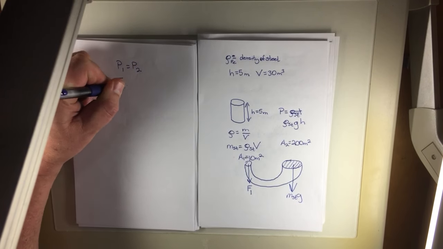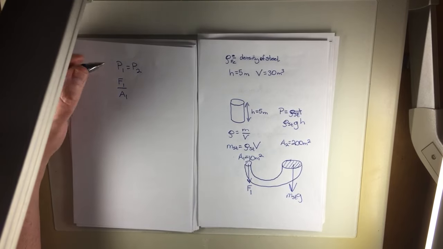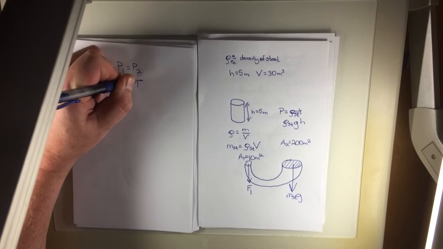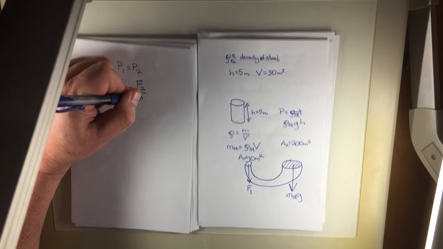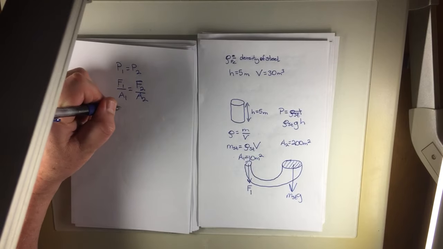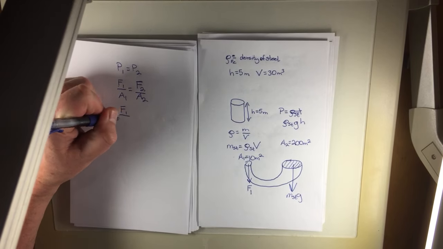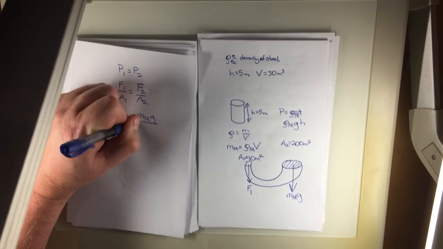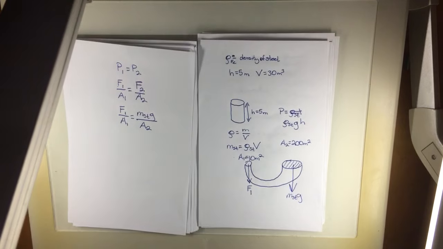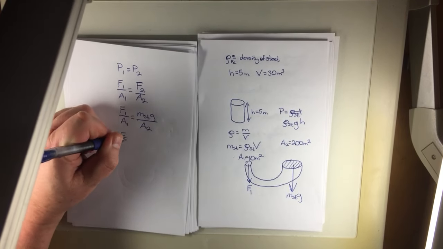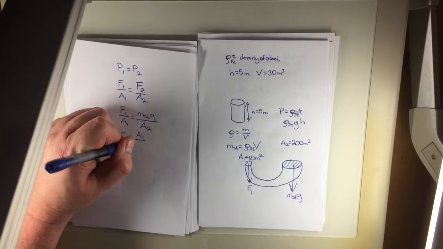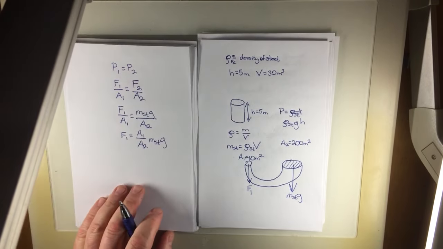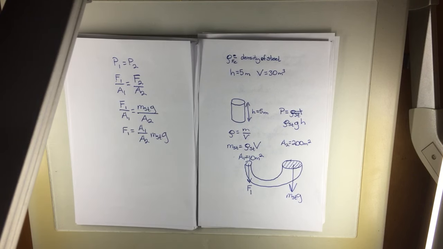Pressure 1, force 1 over area 1. We're looking for F1. We have A1. Pressure 2, F2 over A2. We have A2. But to get F2, all we need is mass of steel times gravity. So F1 is A1 over A2, mass of steel times gravity. And so that is the force on the left-hand side.